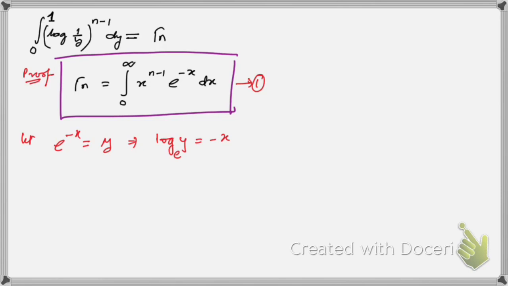So that's why you can see clearly x is going to be equal to minus log y base e.